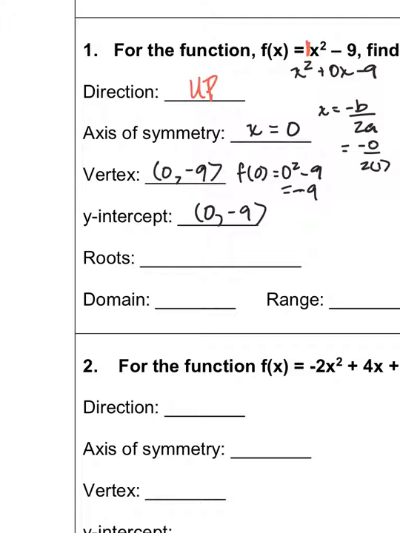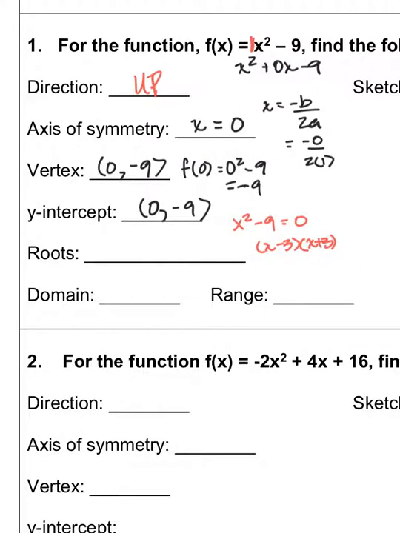Okay, now the roots. If I want to find the roots, I'm going to set f of x equal to 0. x squared minus 9 is equal to 0. There's at least 2 different ways you could solve this, but it is a difference of 2 squares. (x minus 3)(x plus 3) is equal to 0.